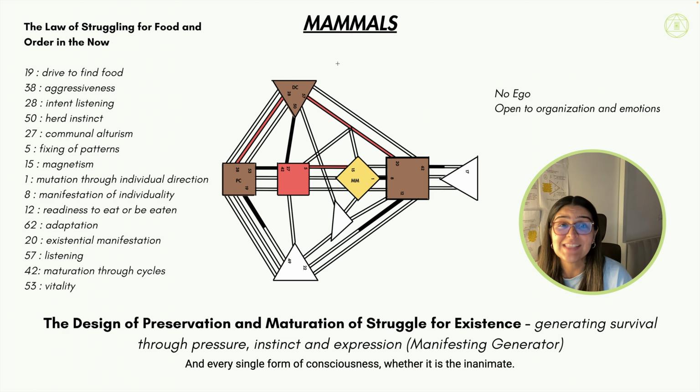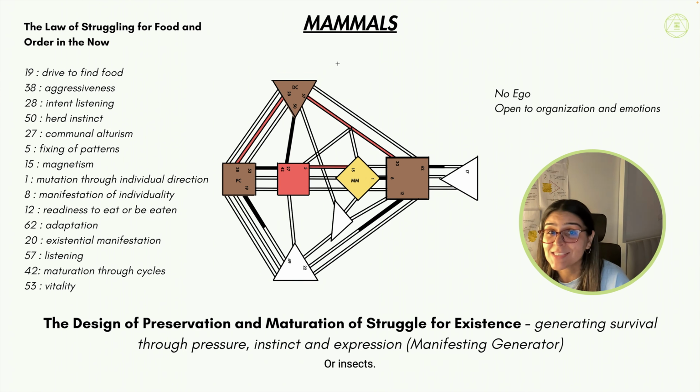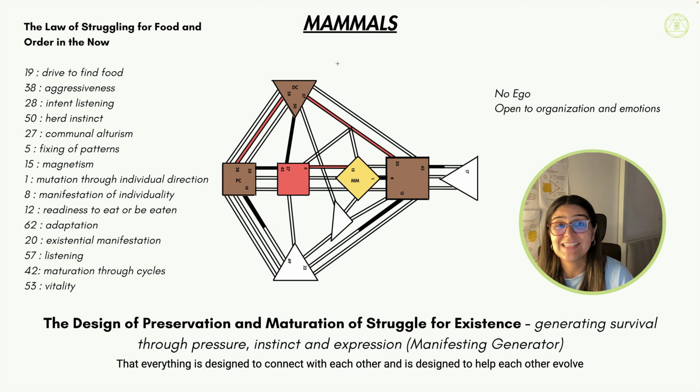And every single form of consciousness, whether it is the inanimate or plants or insects or birds or reptiles or fish or mammals or human beings, everything is designed to connect with each other and is designed to help each other evolve and is designed to help each other participate in this experiment of evolution of consciousness.